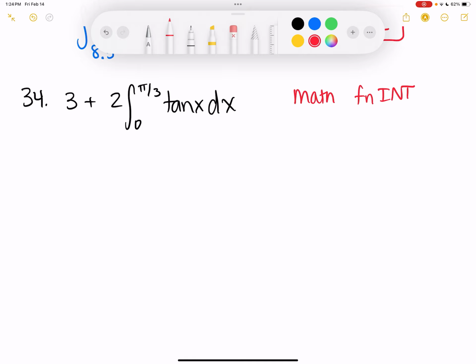The integral from 0 to pi over 3, and I just realized I'm probably in degree mode, which I need to be in radians. Anytime you're doing this stuff, obviously you should be in radians unless it says otherwise, but I got it. That would be 4.39.